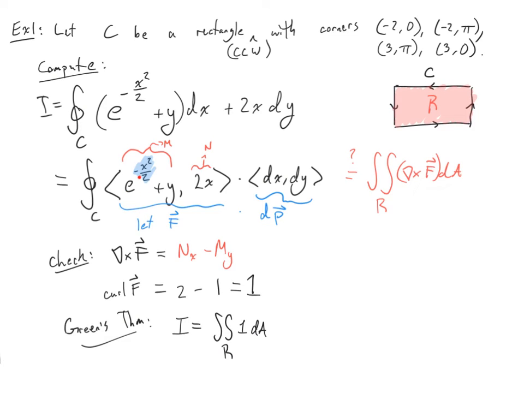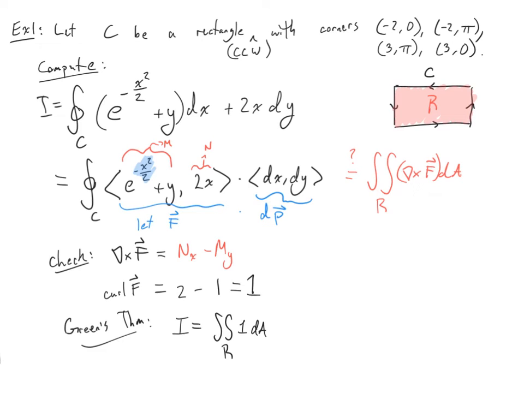So e to the minus x squared over 2 plus y and 2x have arbitrarily many partial derivatives, both with respect to x and y. So they're infinitely differentiable, which most of the time we're going to be in that case, and Green's theorem you can apply very easily.